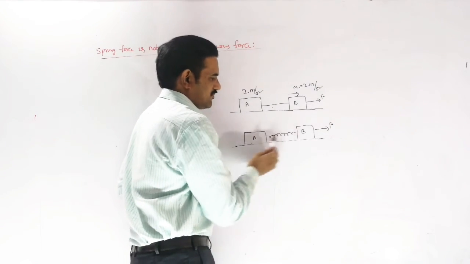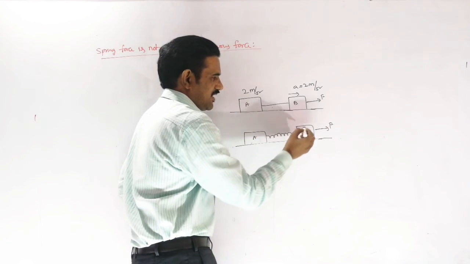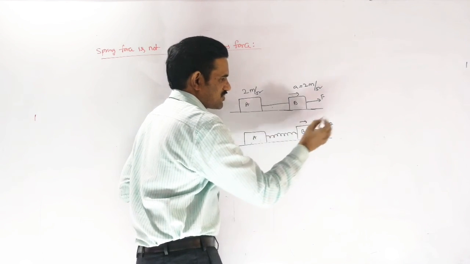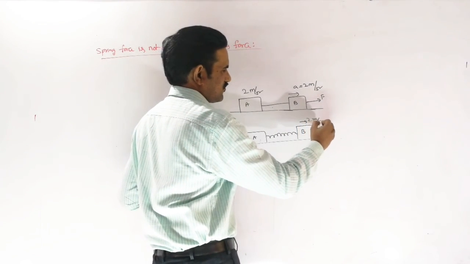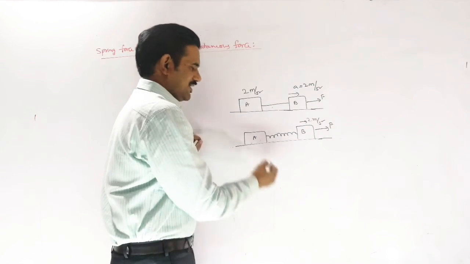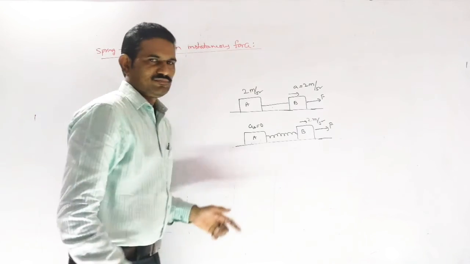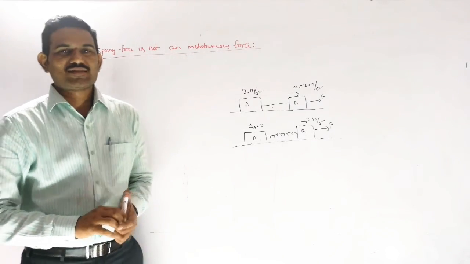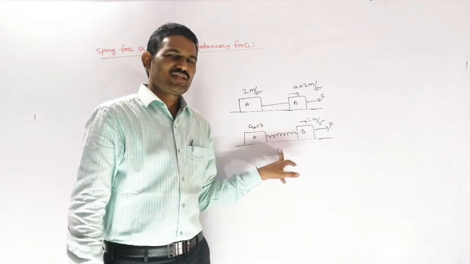But here, consider the spring is initially at its natural length, and suppose because of this force it starts moving with some acceleration, let us say 2 meter per second square. Then immediately after applying that force, the acceleration of A will still be 0, because the spring is at natural length.